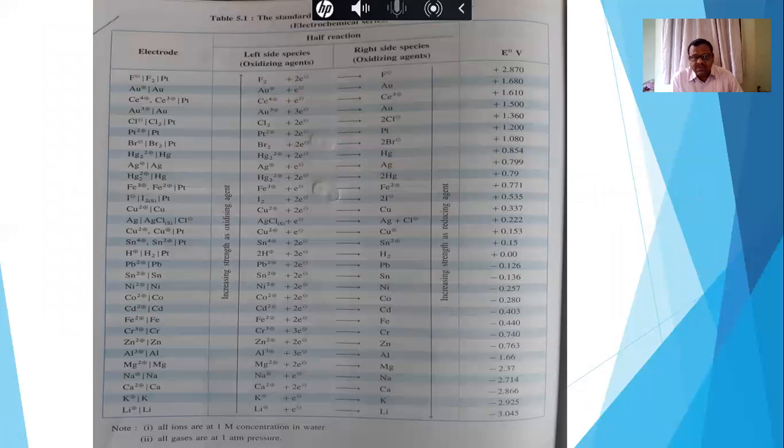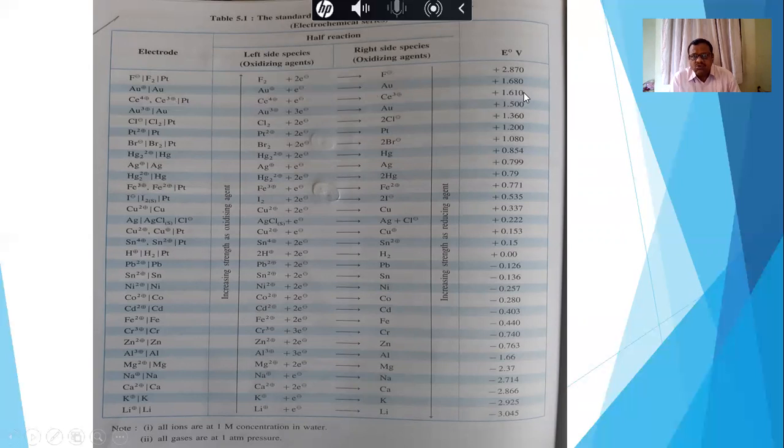So this is a series of elements which has been arranged, and this series is called the EMF series or electromotive series. In this series, the half reactions of the elements which undergo oxidation and reduction have been written.